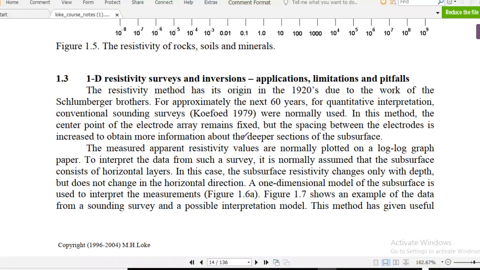In this method, the center point of the electrode array remains fixed, but the spacing between the electrodes is increased to obtain more information about the deeper section of the subsurface. The measured apparent resistivity values are normally plotted on log paper. To interpret the data from such a survey, it is normally assumed the subsurface consists of horizontal layers. In this case, subsurface resistivity changes only with depth.